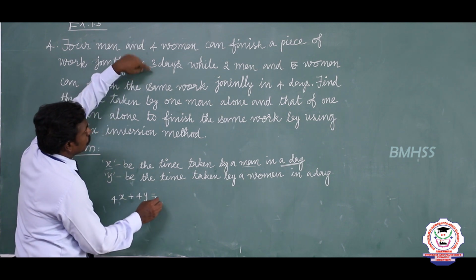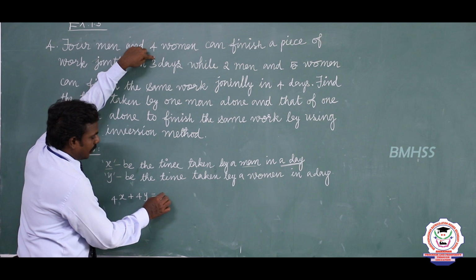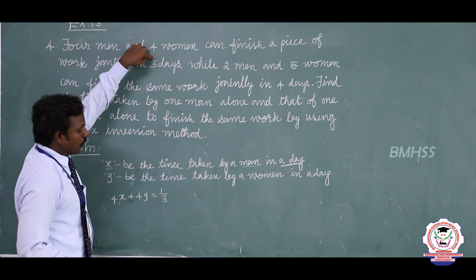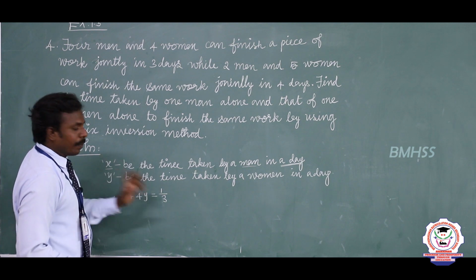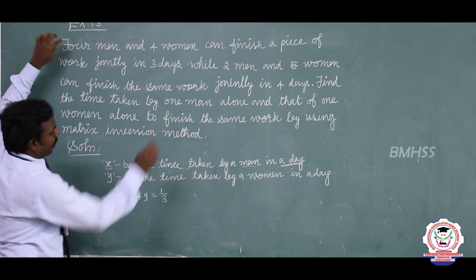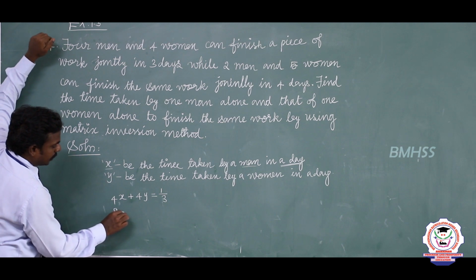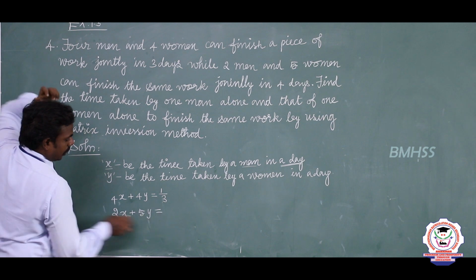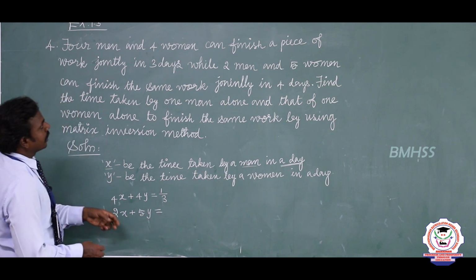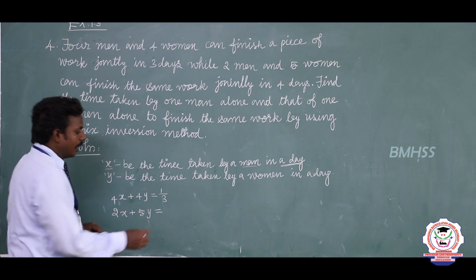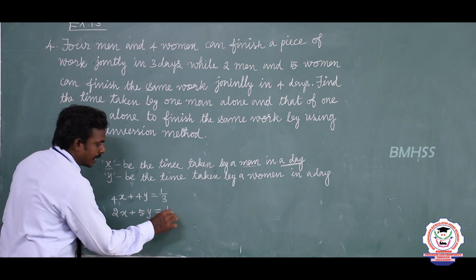So 1 part in 3. Do you understand? Within 1 day they can finish 1 by 3. And the second equation, 2 men and 5 women: 2x plus 5y. These persons can finish that work within 4 days, so in 1 day, 1 by 4. Do you understand?